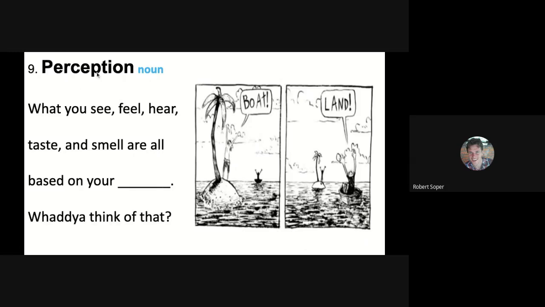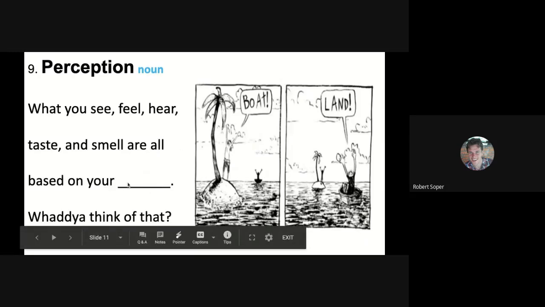So how would we put that in a sentence? Well, we could say what you see, feel, hear, taste, and smell are all based on your perception. What do you think of that? This is not a word, what ya, but let's just pronounce it like it says, what ya. Think of that.